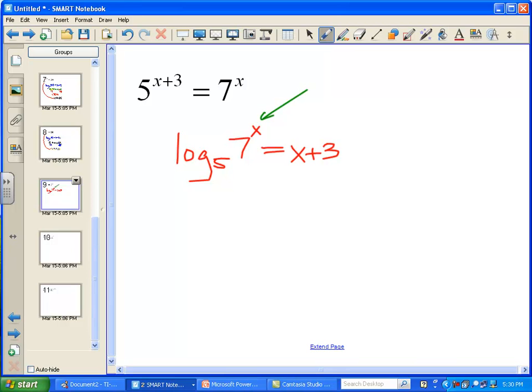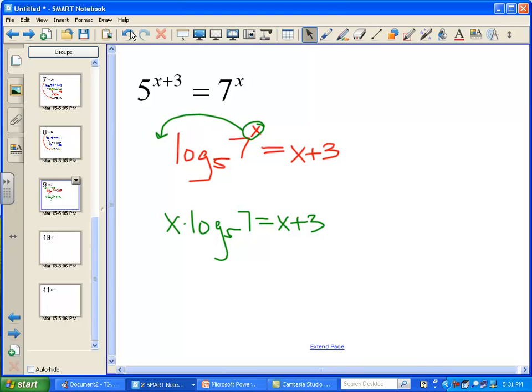But if you remember back from learning target 10, now we know a property that makes that a lot easier to solve, being that if I have an exponent here, I can just bring it out front. So that's x times log base 5 of 7 is equal to x plus 3.